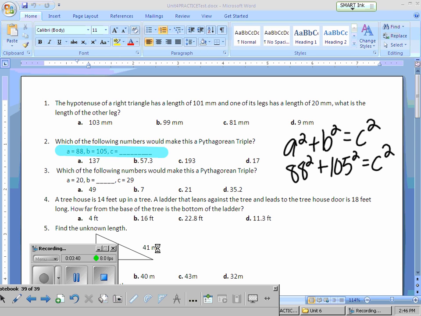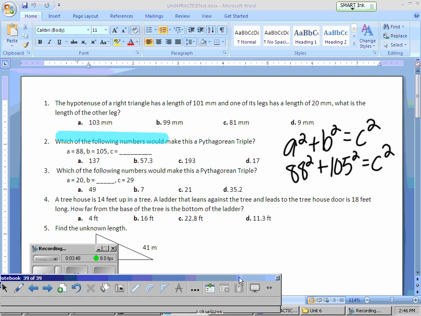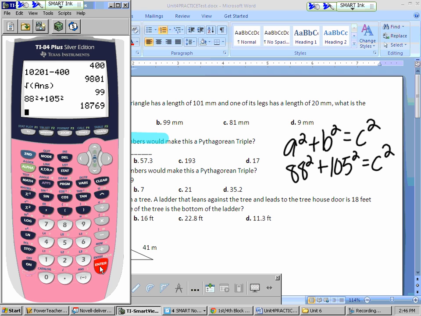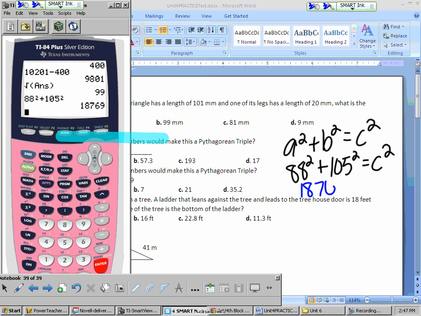I'm going to move this because you can barely see those numbers. So in our calculator, we're going to go ahead and take 88 squared plus 105 squared. That gives us this big old number, 18769, is equal to C squared.